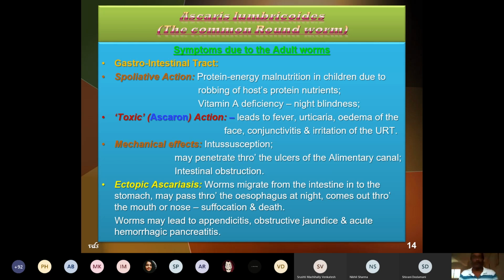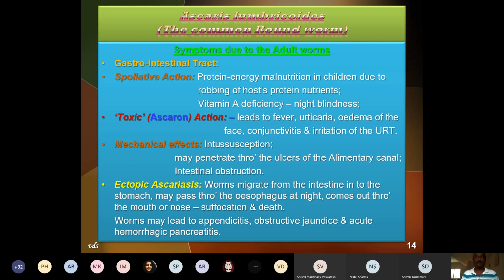Now, usually what happens, if there is an extensive infection in the intestine, these worms, when the patient is asleep in the night, crawl up into the small intestine, come into the duodenum, then into the stomach. From the stomach, they may migrate upward into the esophagus and may come out from the mouth or from the nose.